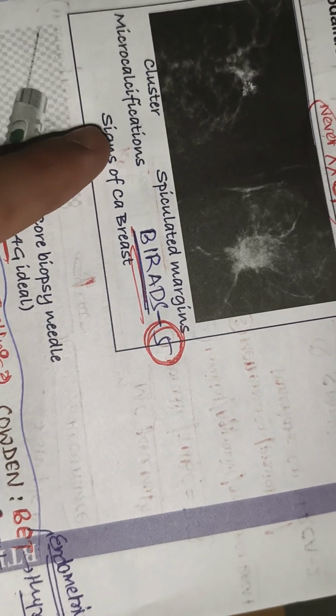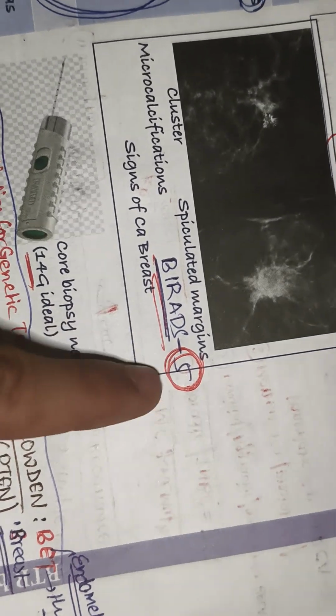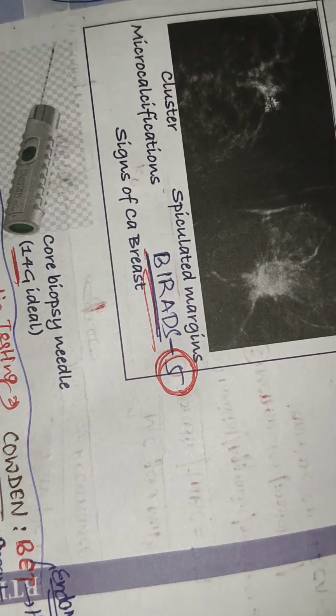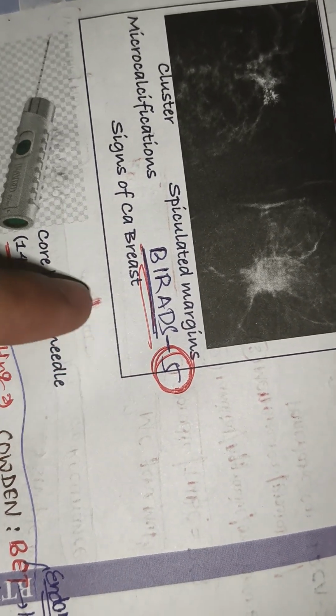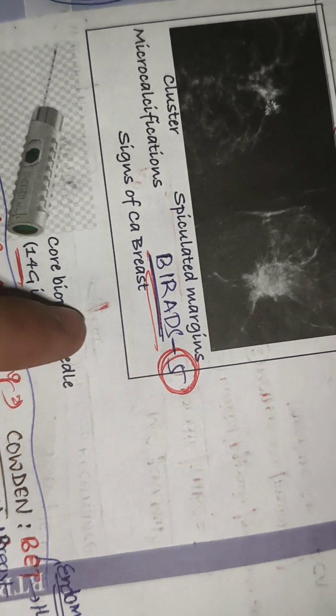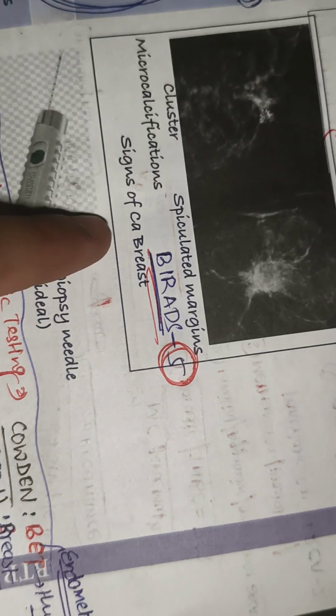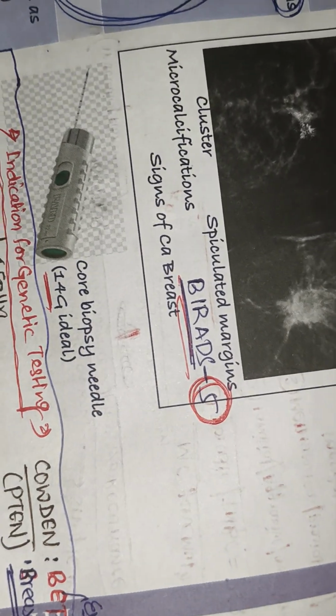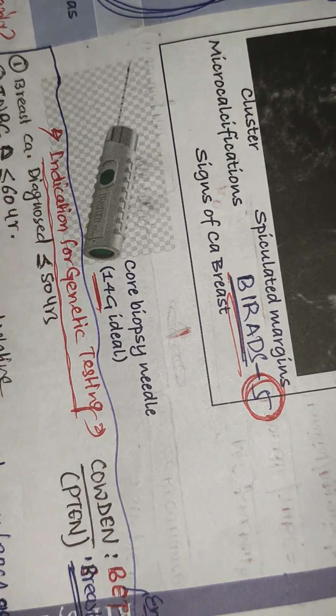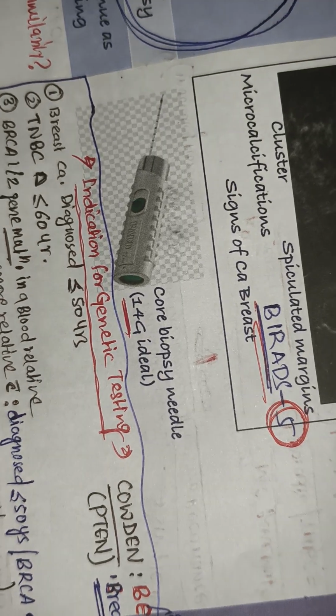Clustered microcalcification is not seen in fibroadenoma. These are BI-RADS 5 because they are seen clearly on mammography, so we can say it's highly suggestive of malignancy.